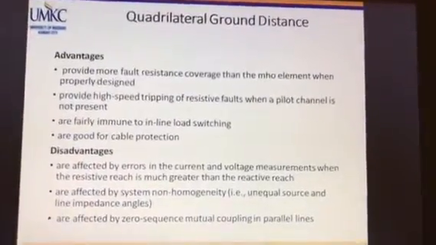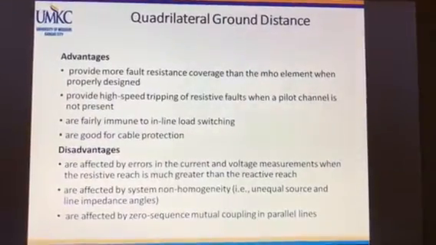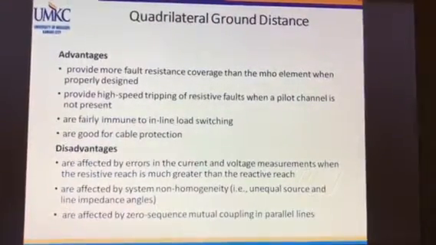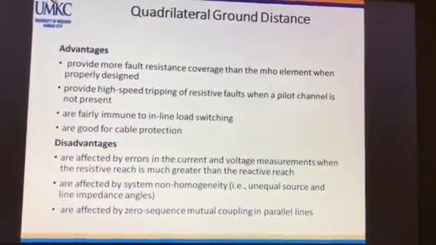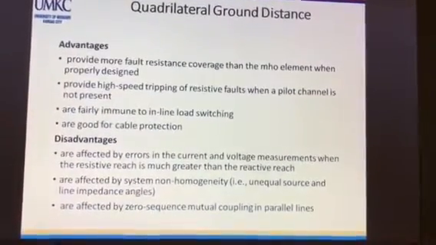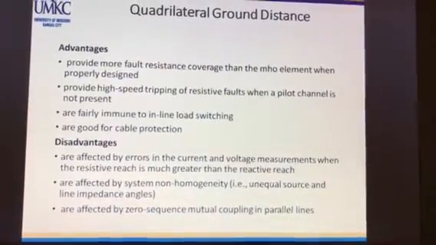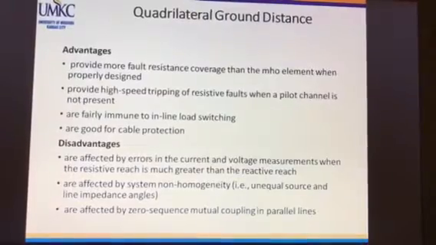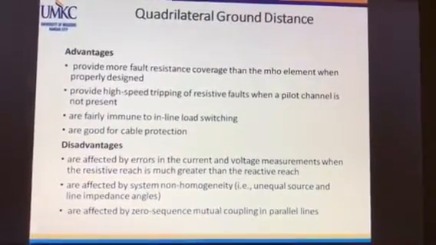So next come some advantages and disadvantages of the quadrilateral ground distance. It provides more fault resistance coverage than the Mho element. When properly designed, it provides high-speed tripping of resistive faults when a pilot channel is not present. These are fairly immune to inline load switching and are good for cable protection.